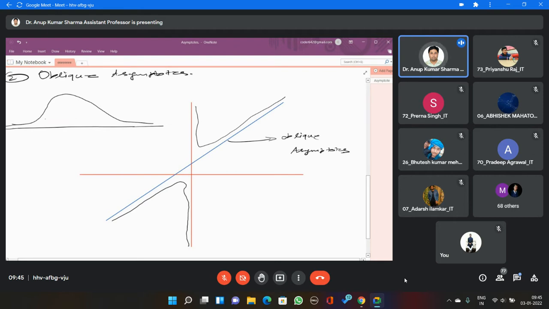This normal curve tends to touch the x-axis. Now questions may come, like find the asymptotes of a curve. This is actually useful while tracing curves. In an objective type MCQ it may be different, but it is very useful in tracing curves.